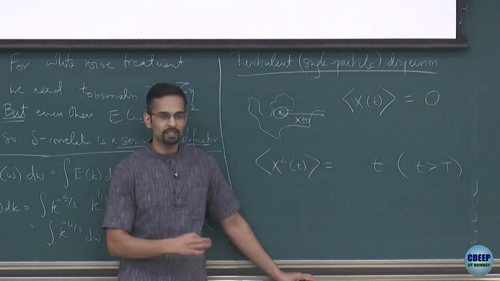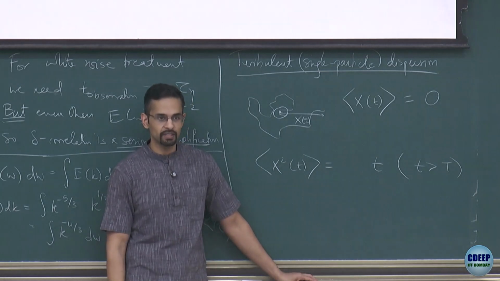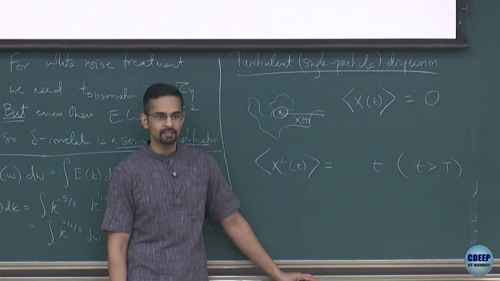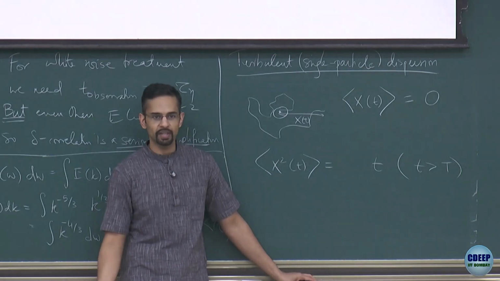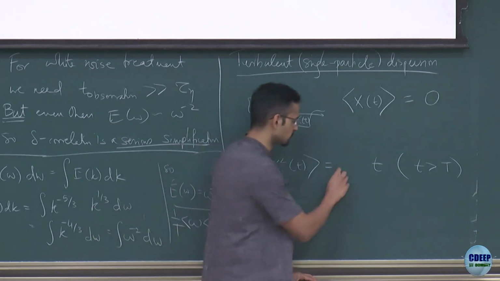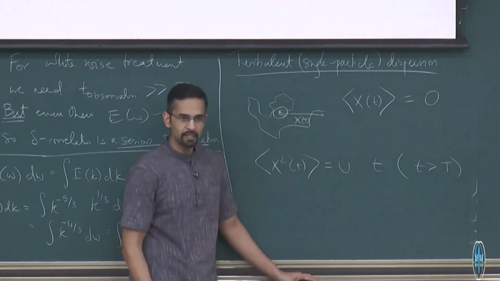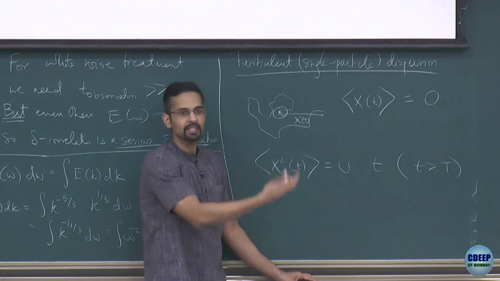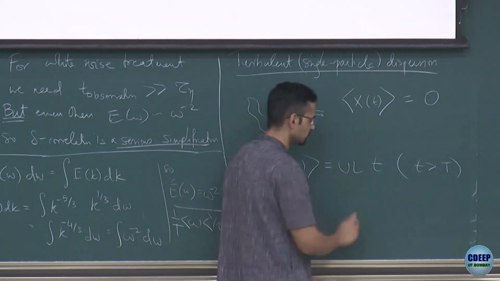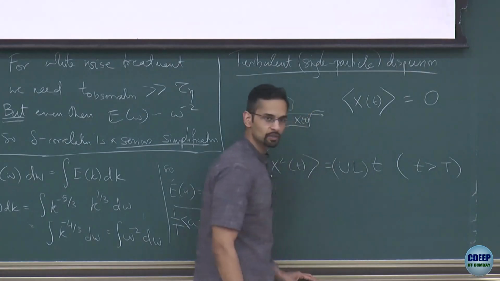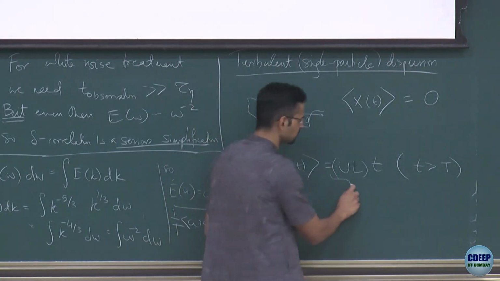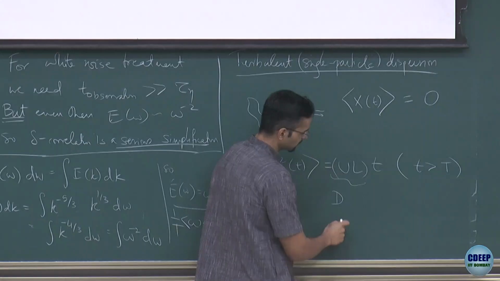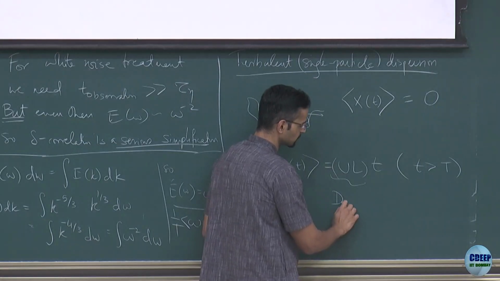In this argument, what should be my velocity? It will be the velocity of the eddy, so capital U. And the mean free path, the distance I go before I change my motion in an uncorrelated way, is capital L. So it's U into L. This is the effective diffusion coefficient. If you like, this is the turbulent diffusion coefficient.